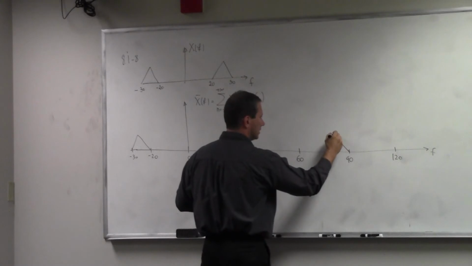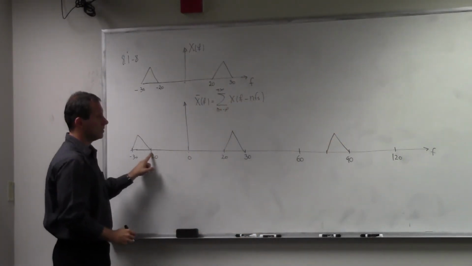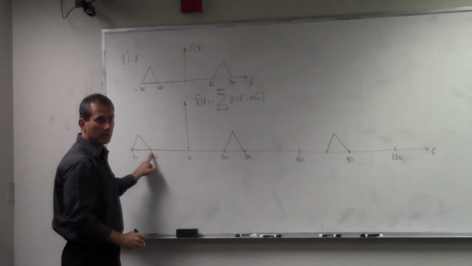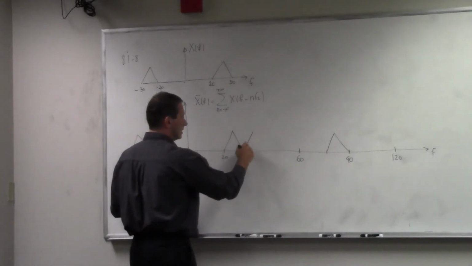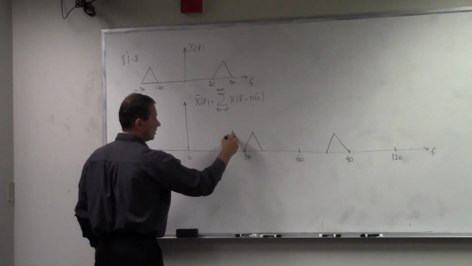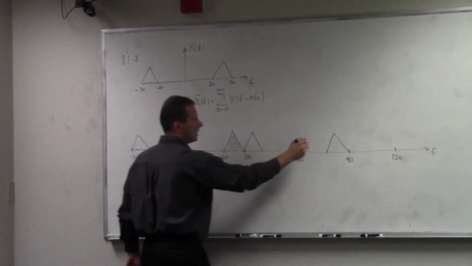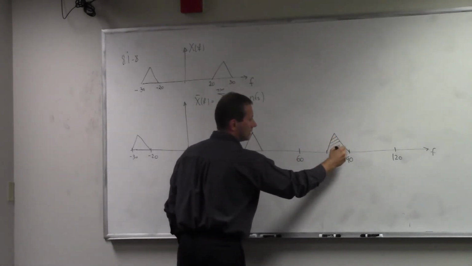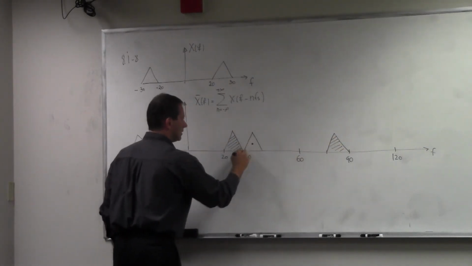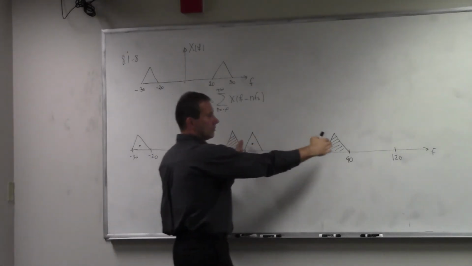You're going to have a triangle here. And then this is going to be 60 minus 20, which is 40. So there's going to be a triangle here. Okay. This is the right hand guy, and this is the left hand guy. So this whole spectrum shifted over here.